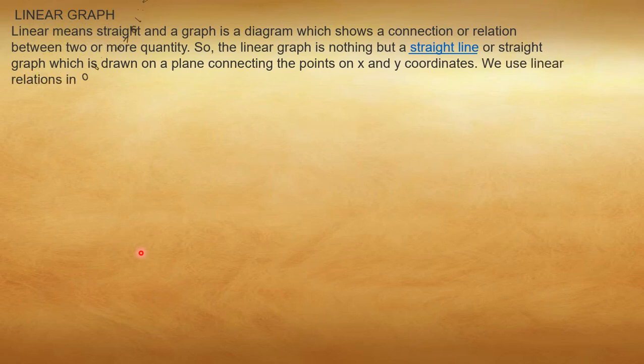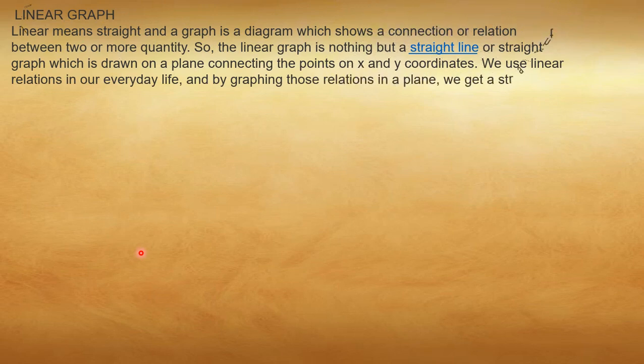So, the term linear graph is nothing but a straight line, or we can say a straight graph which is drawn on a plane connecting the points on x and y coordinates. We use these linear relations in our everyday life, and by graphing those relations on a plane, we get a straight line.